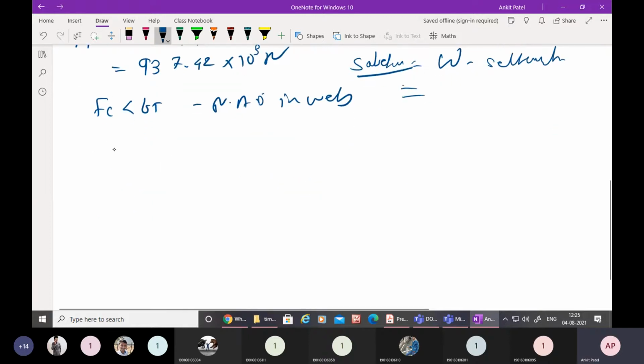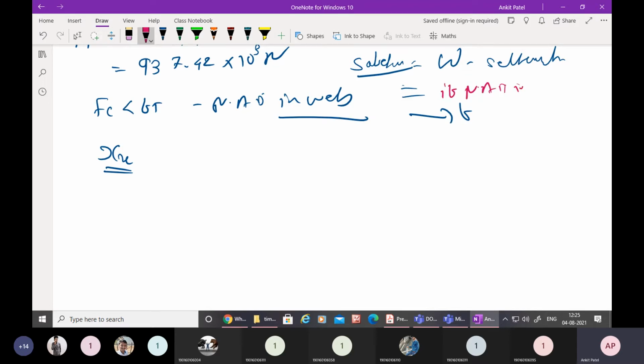So we need to find out the value of XU. If neutral axis is in flange, say for example, that I am going to represent with red pen, then you directly go to G1.1 and find XU with the help of equation A, but consider BF by D as your cross section.